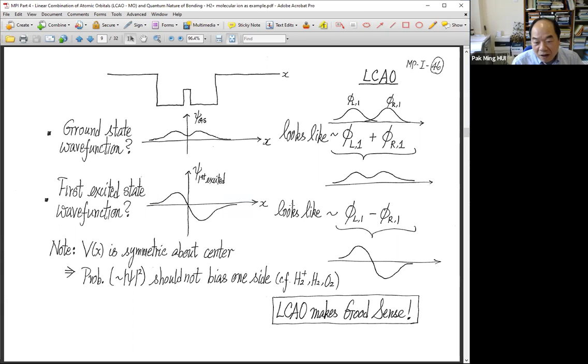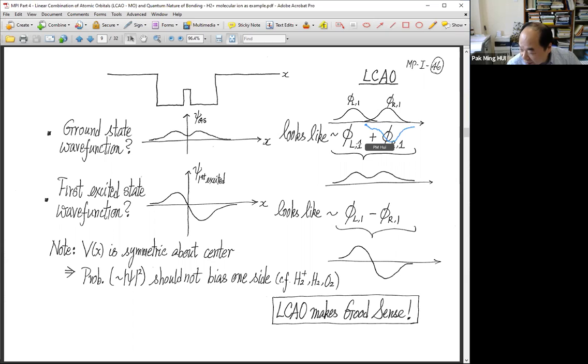Okay, now if you use the ground state minus the other one, so it's again a linear combination, but not plus, but minus, this one will become negative. Okay, so this one will go into negative, will be something like that.